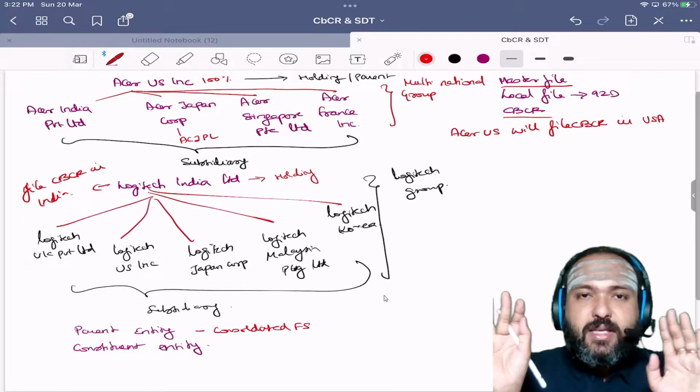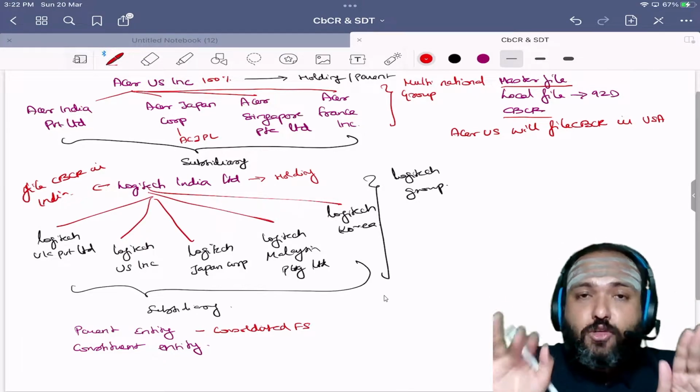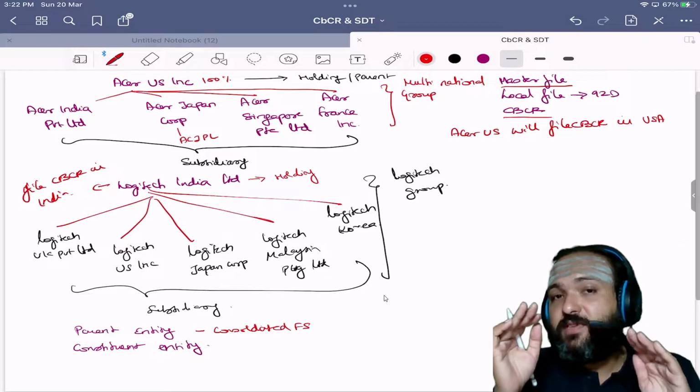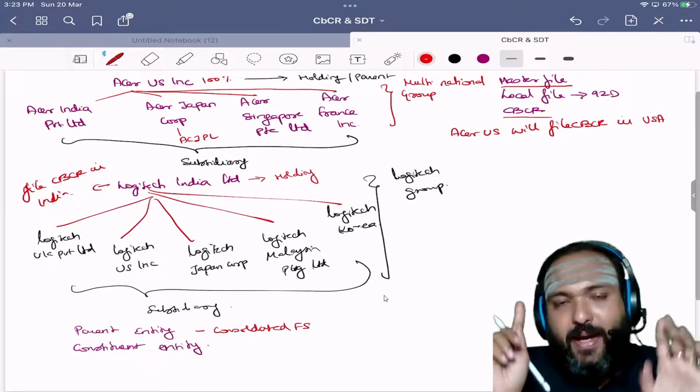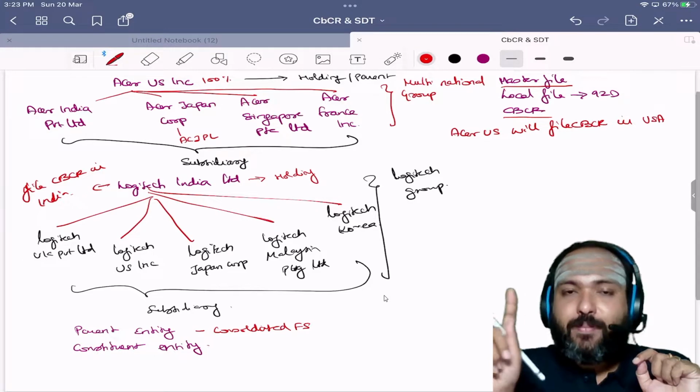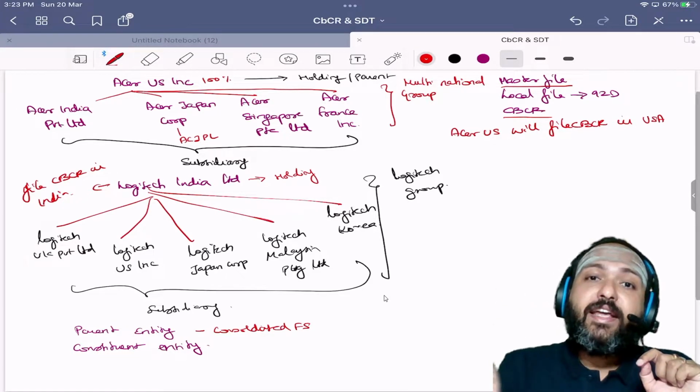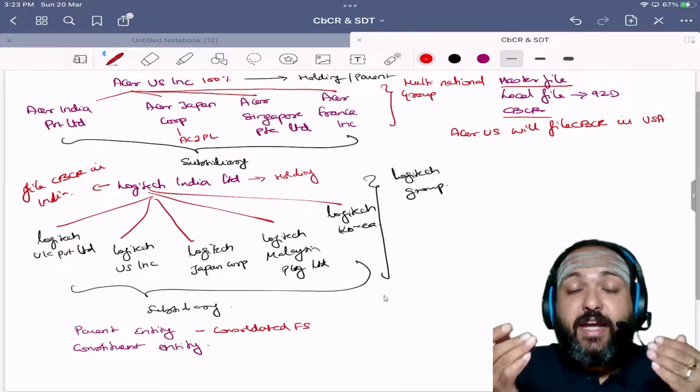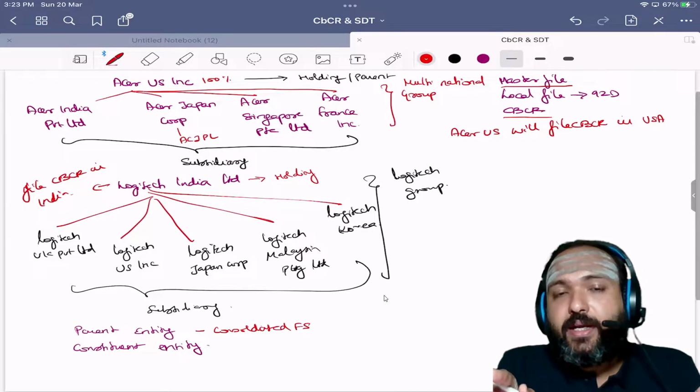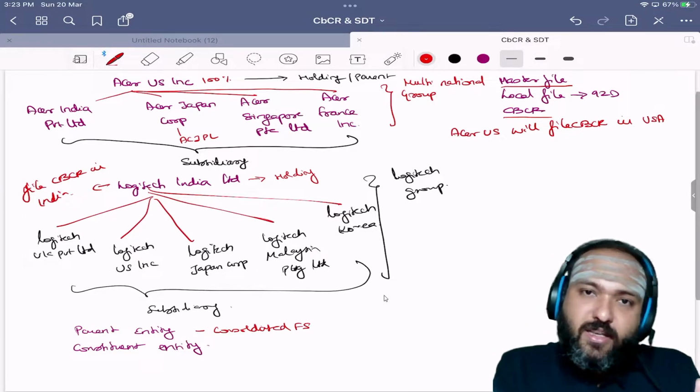So CBCR as a concept is not always to be filed in India. First we have to find out whether India has a parent entity. If India has a parent entity, then India will have to file CBCR. If the entity in India is a constituent entity, it need not file CBCR.